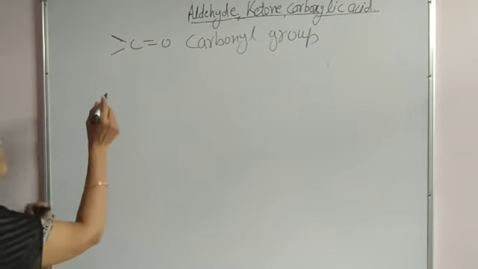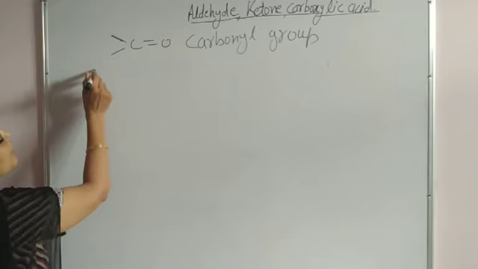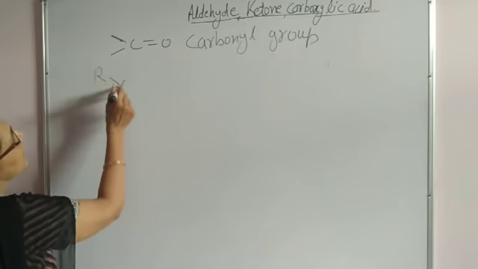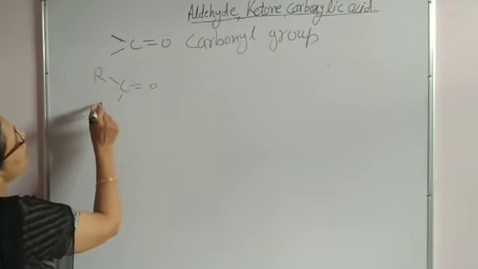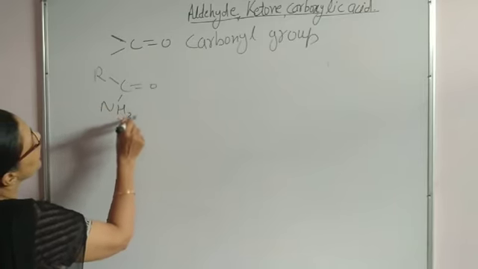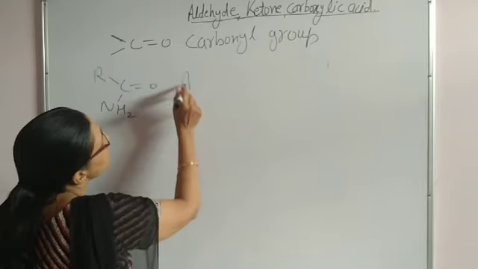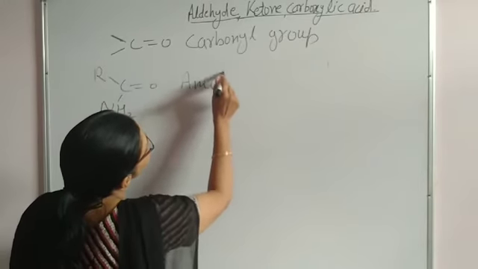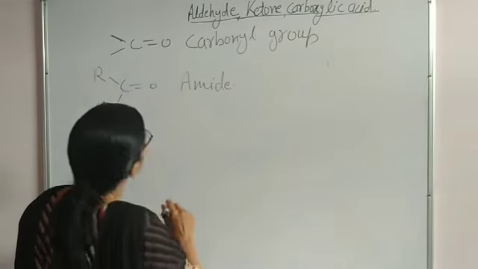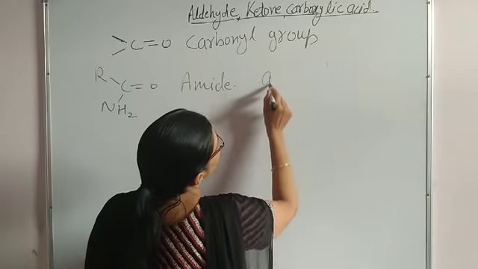So here, suppose one alkyl group is attached and the other one is NH2 group. So RCONH2 is known as amide functional group. Its general name is alkanamide.